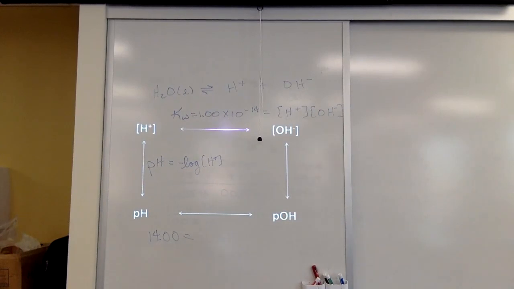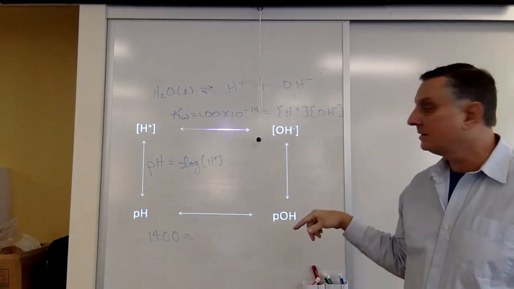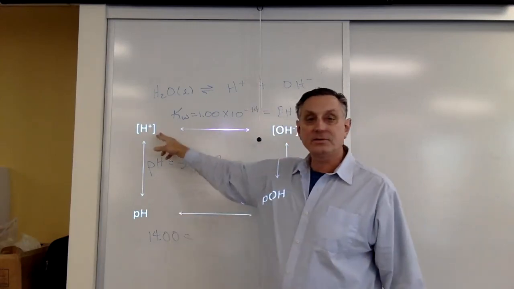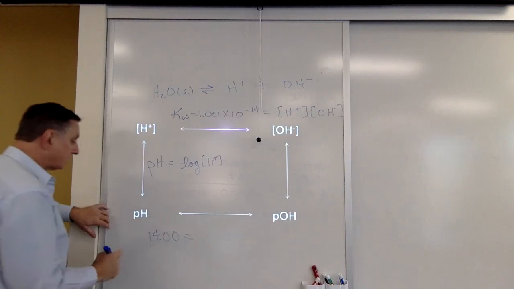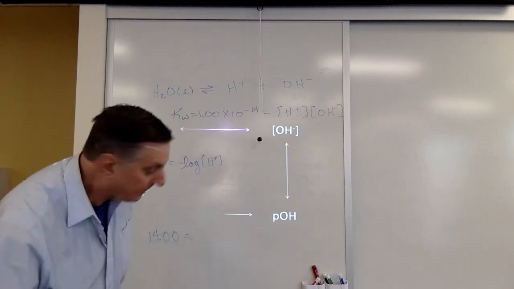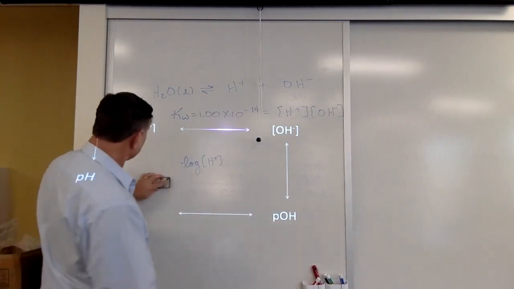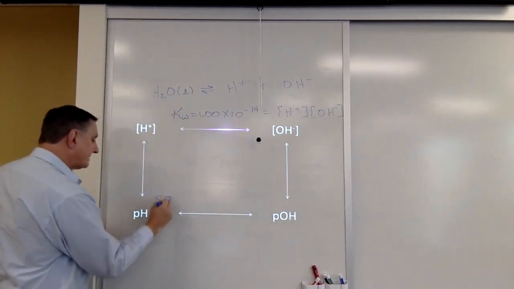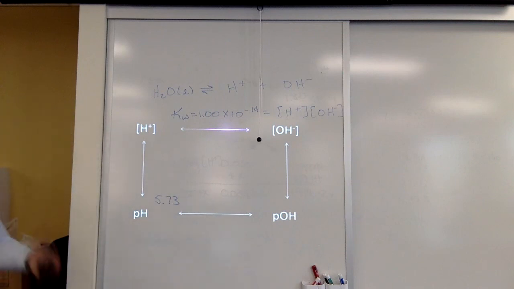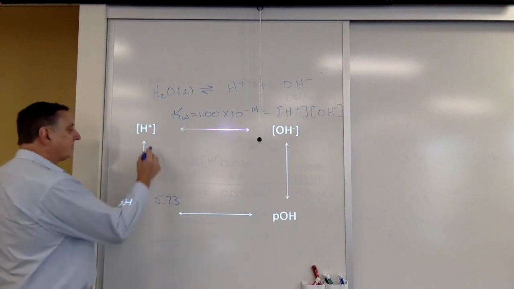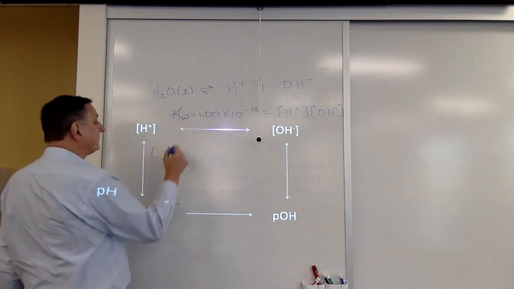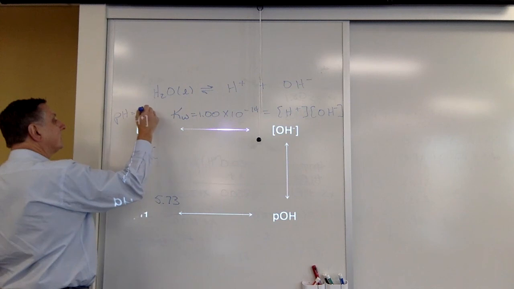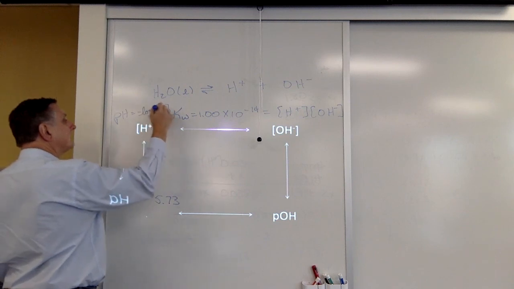You should be able to do these calculations quickly. If you're given pH, you can find hydrogen ion concentration. So let's say I give you the pH of 5.73. What is hydrogen ion concentration? Well, I know that pH is equal to negative log H plus.